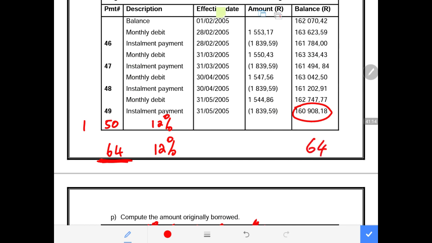And if this goes up to 64, we need to know that starting from 50, excluding 49, then we can say minus 49. So that means we have to say 64 minus 49, 15 payments.